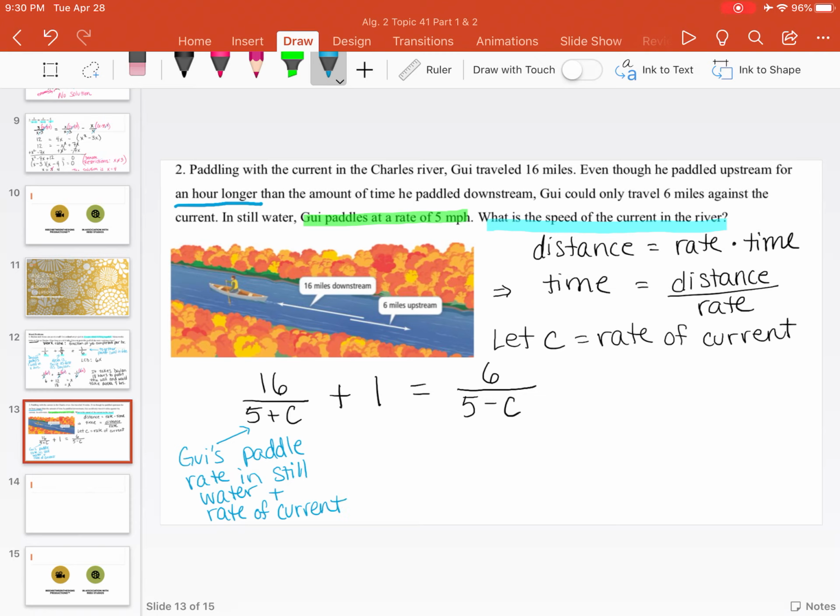And this is because the current is working in his favor. So he normally just paddles 5 miles per hour, but because he's going downstream, he's going with the current, he's going to increase his speed.